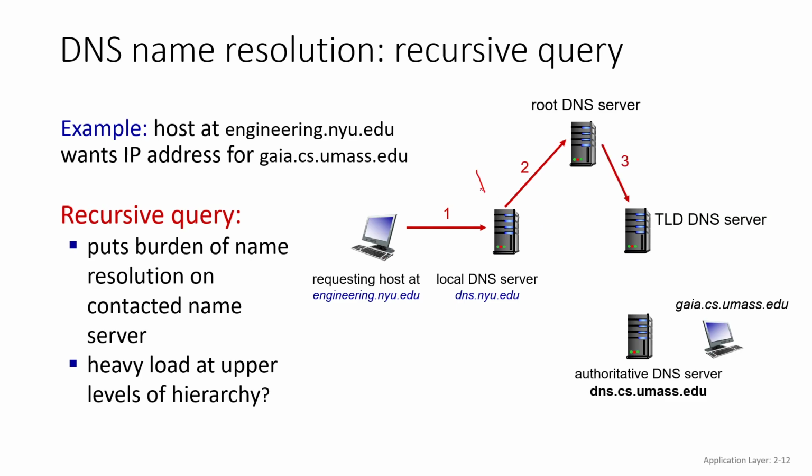In the meantime, this guy is waiting, right? While he's waiting, the top level domain DNS will now go to the University of Massachusetts DNS and say, okay, we found you, we found the page we wanted, right? Now it goes back to the TLD, back to the root domain, back to the local, and then back to the user.